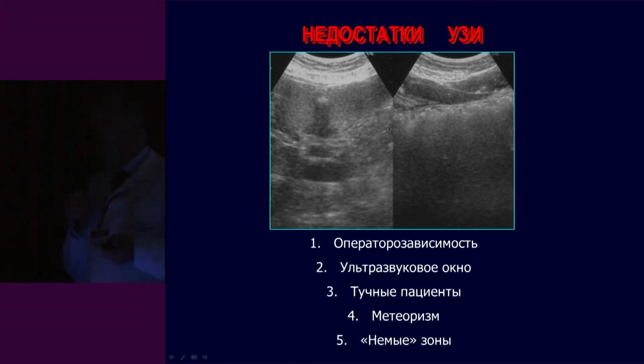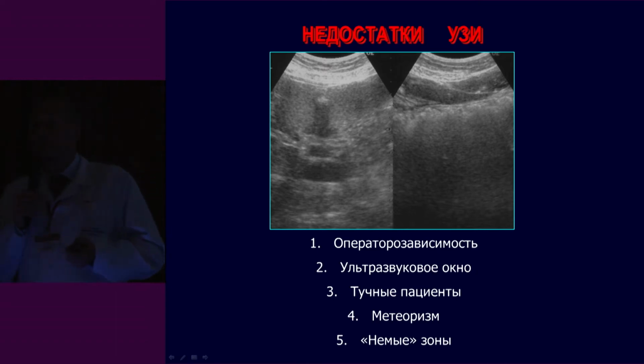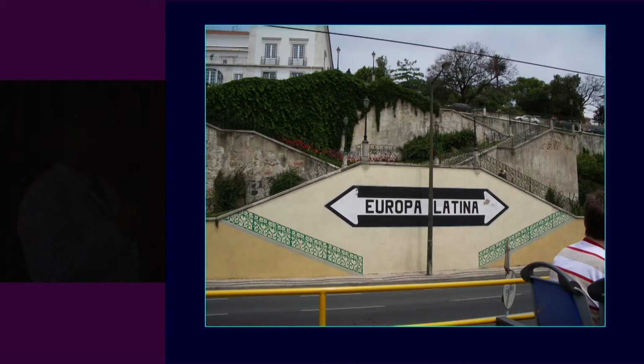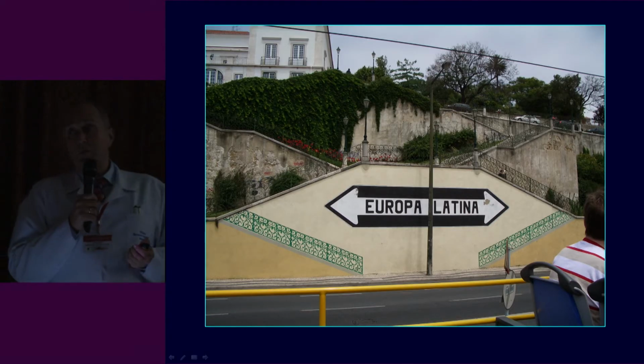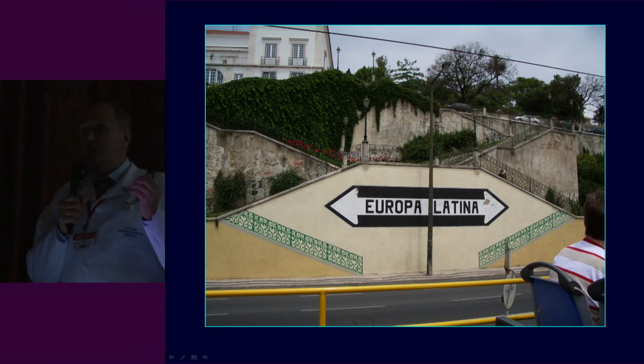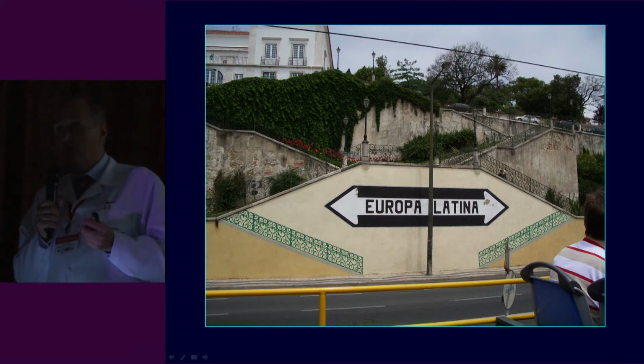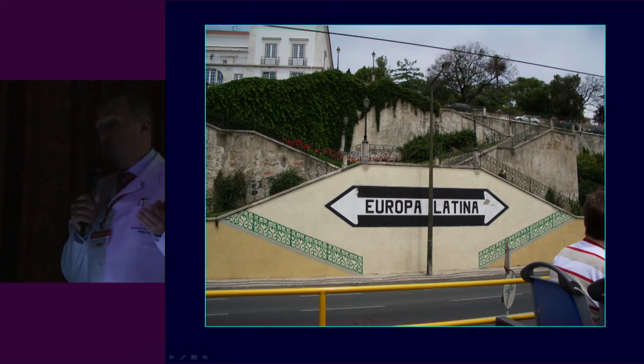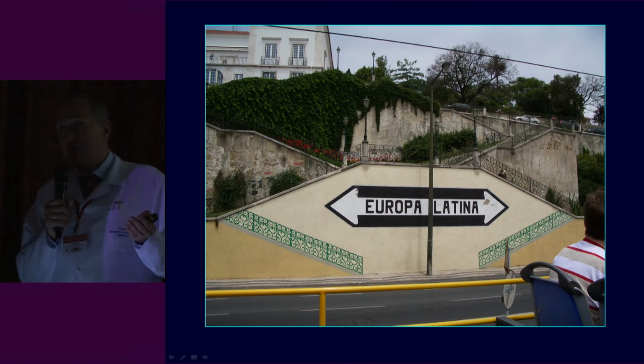Also, you have this ultrasound window. Obese patients are quite problematic, meteorism, and certain gray zones can occur. So, ultrasound allows us to decide whether it is a patient for the therapeutic department or a surgical department.